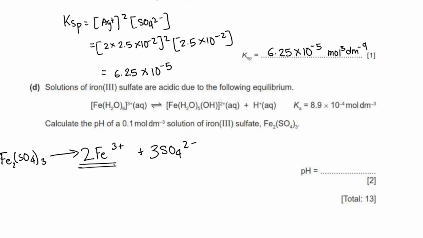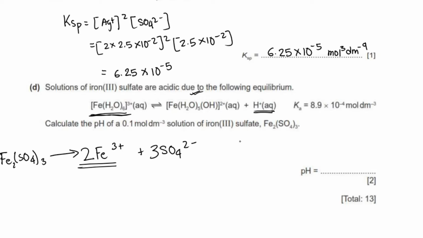So these ions of Fe3 plus tend to form this ligand over here in water, which goes through an equilibrium reaction to form another ligand and hydrogen ions. Therefore, these iron 3 ions are acidic in nature when they dissolve in water to form a weak acid solution of sorts.